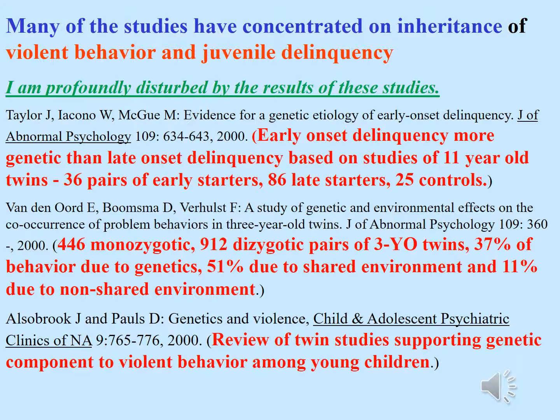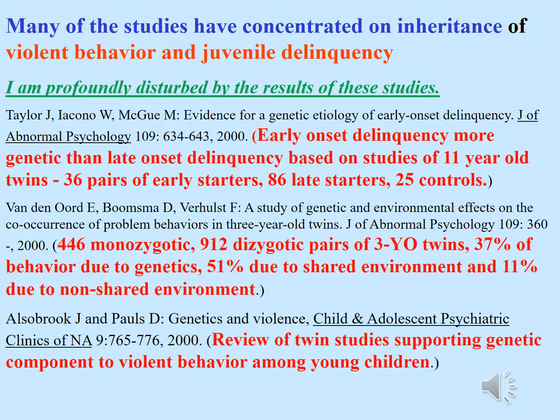They found that 37% of negative violent behaviors were due to genetics. 51% were due to shared environment, and 11% due to non-shared environment. In other words, we've got at least a 37% result of behavior due to genetics.